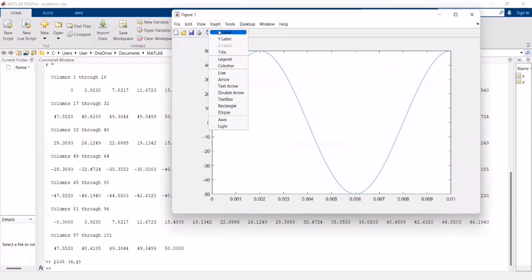We label it: title, voltage versus time, and for the x label, time, the unit is seconds, and for the y label, voltage, unit is volt, V. Okay, and then we go to the next question.